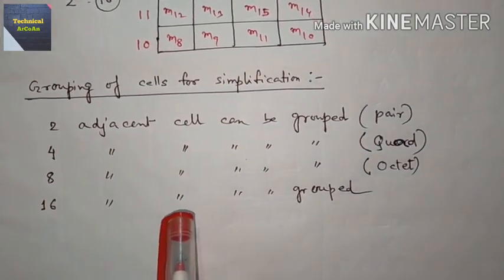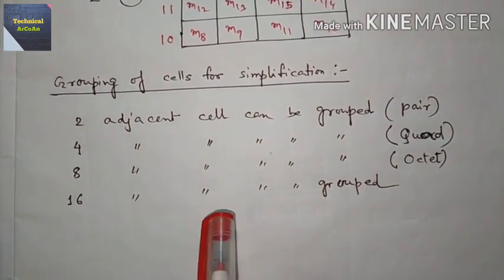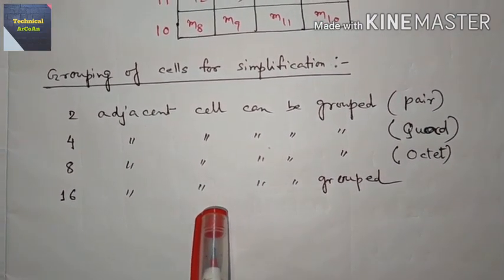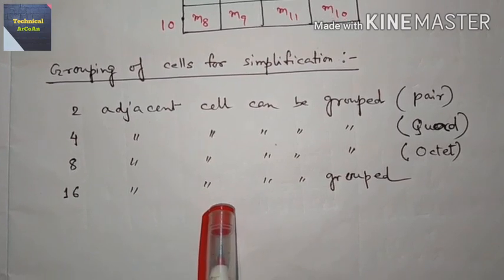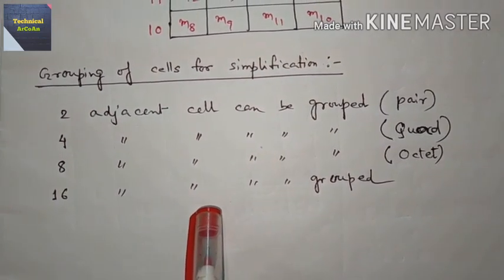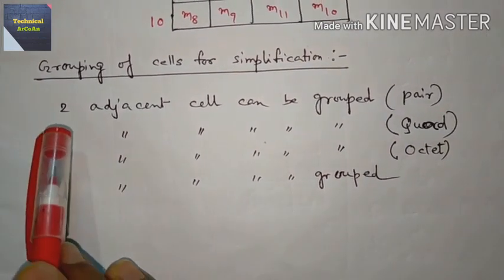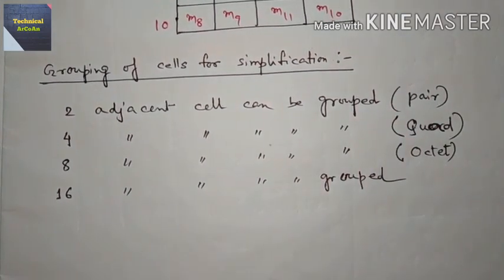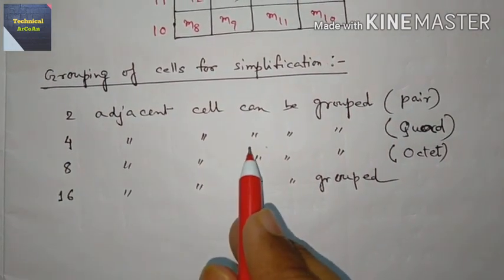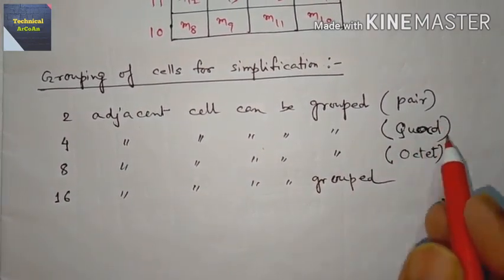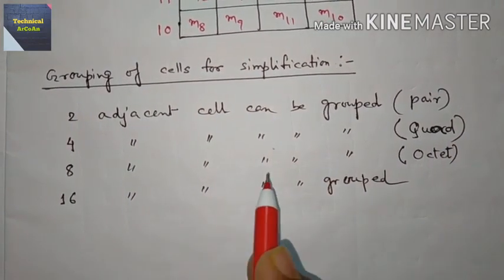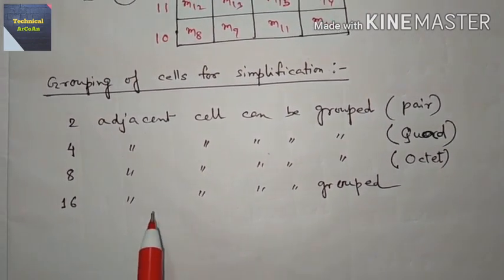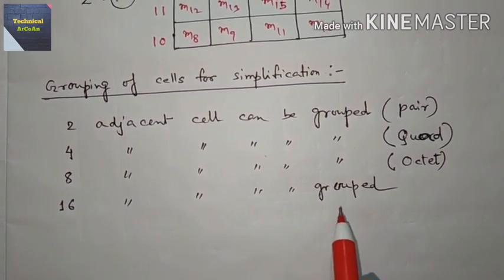Okay. Actually, adjacent cells which have ones can be grouped together in powers of 2. Means 2 adjacent cells can be grouped, which is a pair. 4 adjacent cells can be grouped, which is a quad. 8 adjacent cells can be grouped, which is an octet, and 16 adjacent cells can be grouped.